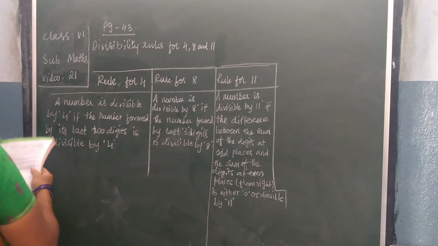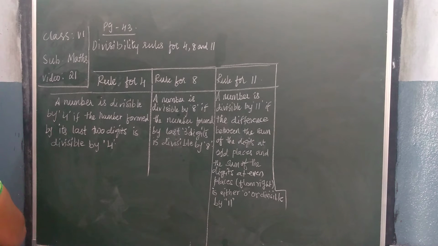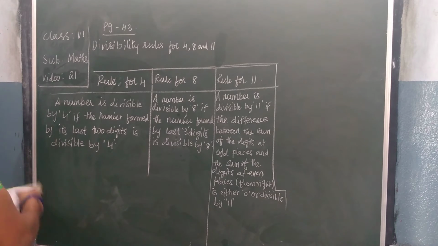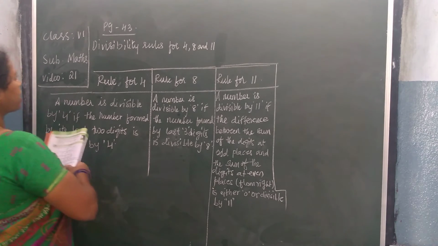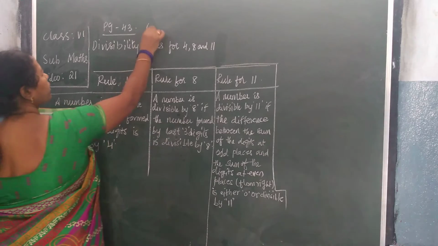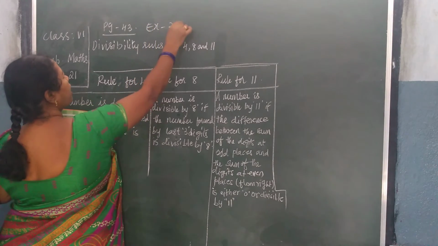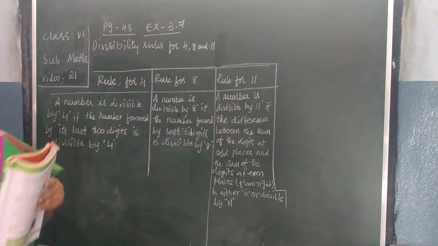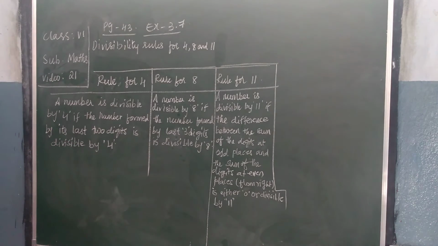One problem from exercise 3.7, children. I will show you because I have written the rules here. I will show you one problem.